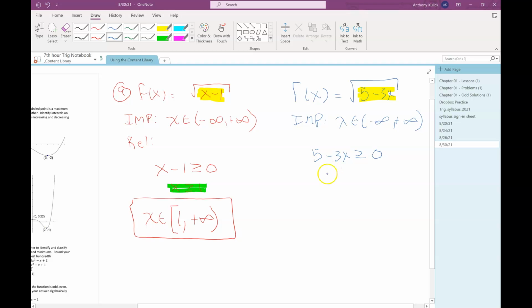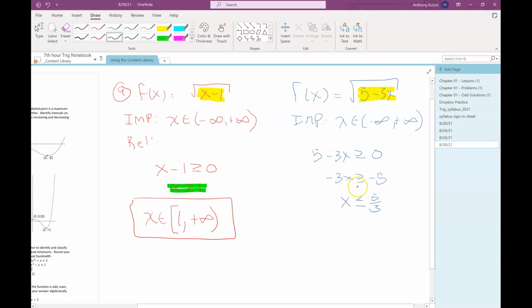So we'll subtract 5 from both sides. Everybody good? Then we'll divide both sides by -3. What do I have to be careful about when I divide by a negative, though? Yeah, that inequality symbol is going to change directions. And that negative divided by negative is just positive.